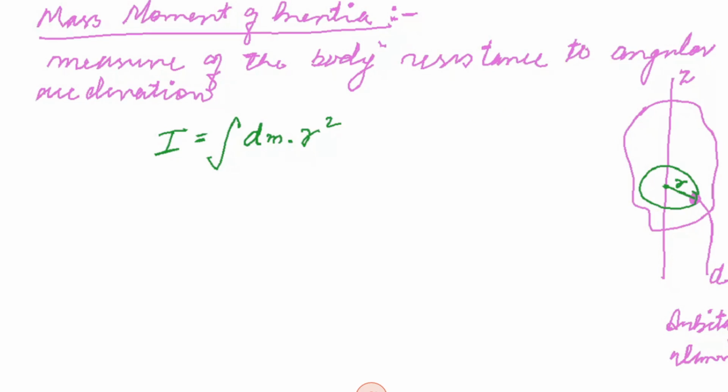It will depend upon the body on which we are calculating the mass moment of inertia, and accordingly we will be having different r's for different bodies.